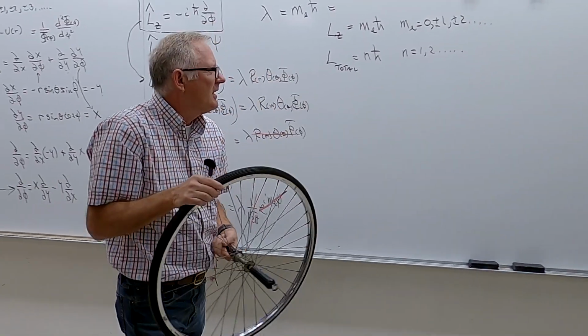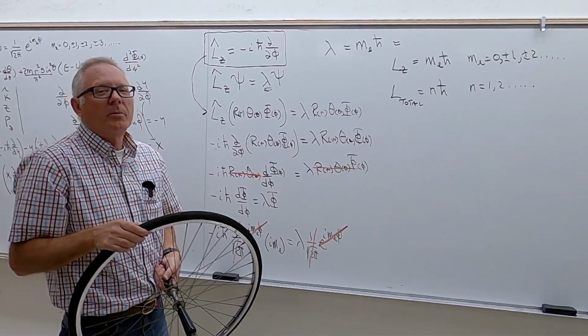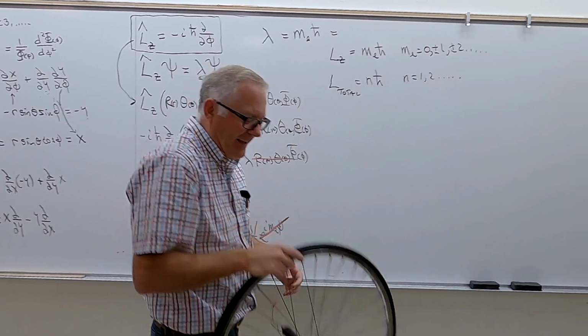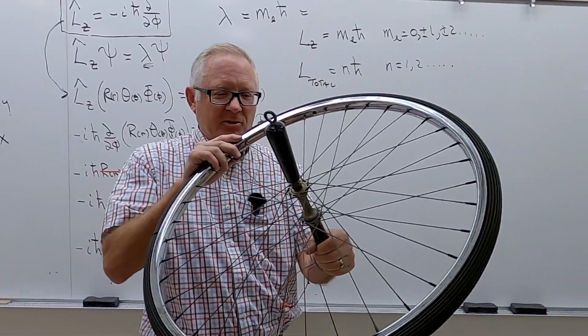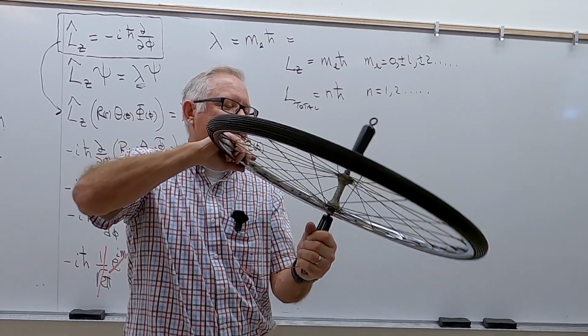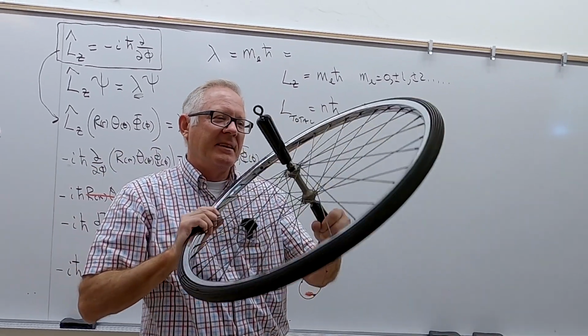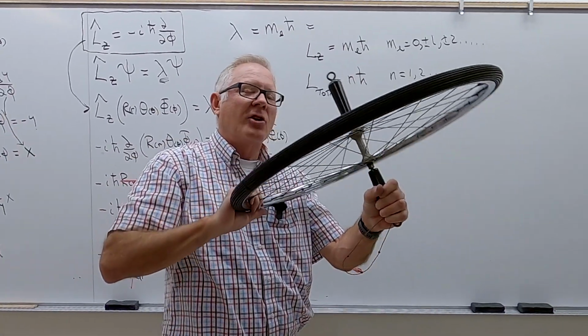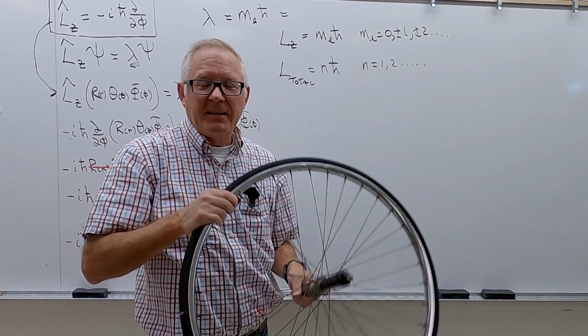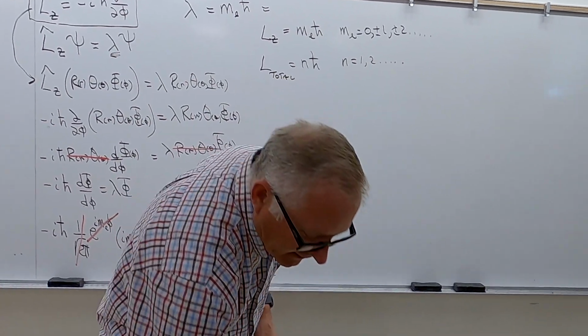That's what we'll see in the orbital motion of the electron. It can't just be like this, because it would violate the uncertainty principle. But if it precesses constantly, then the z part stays fixed, and the total angular momentum stays fixed. Those are the two things that stay fixed.